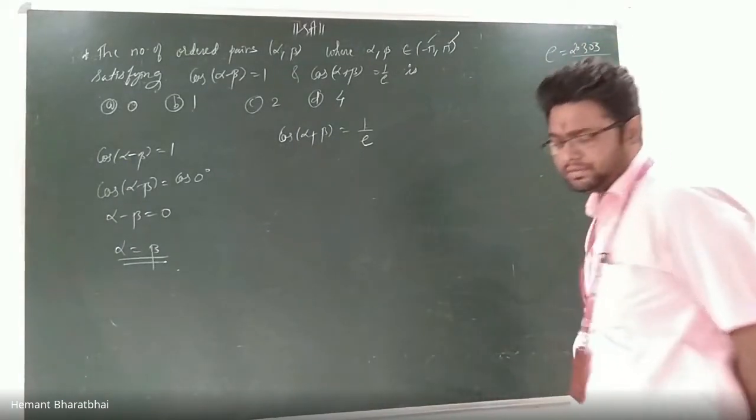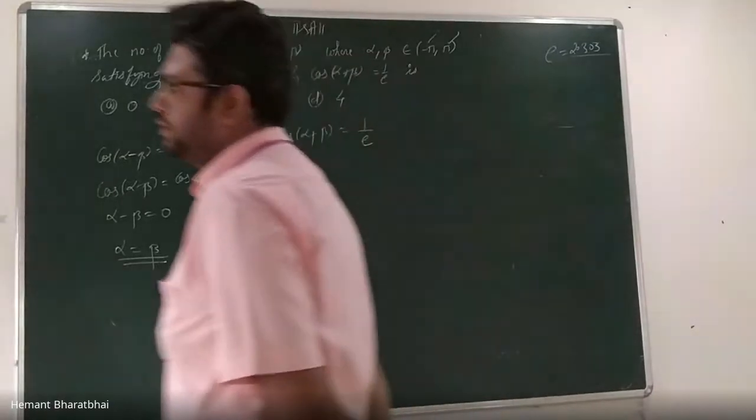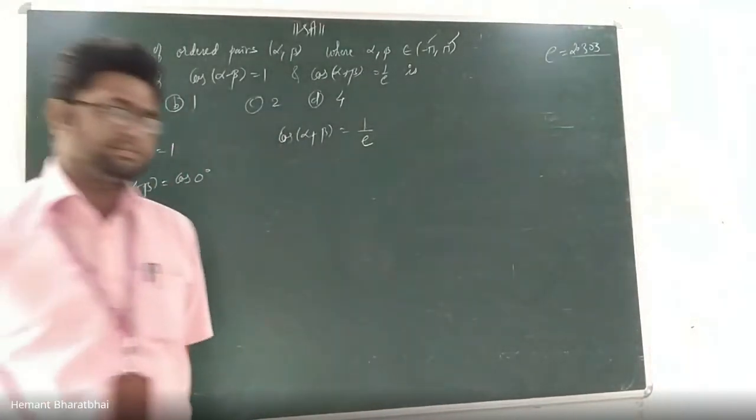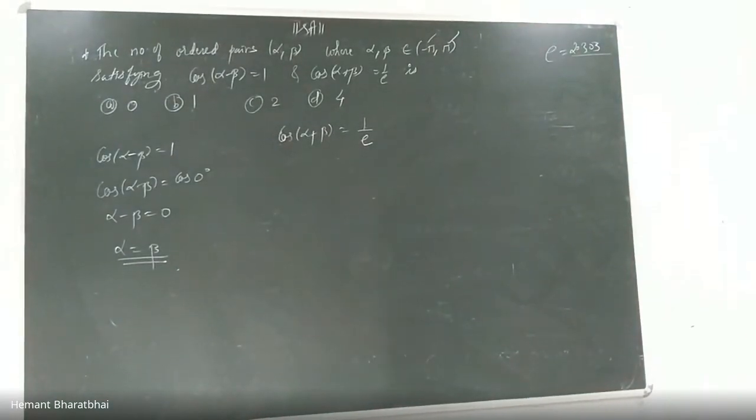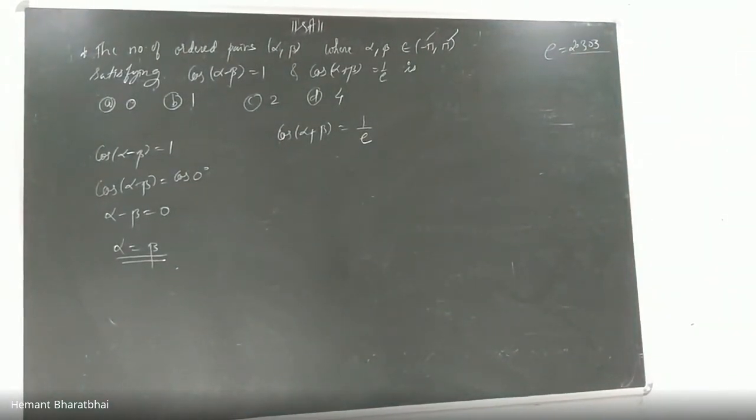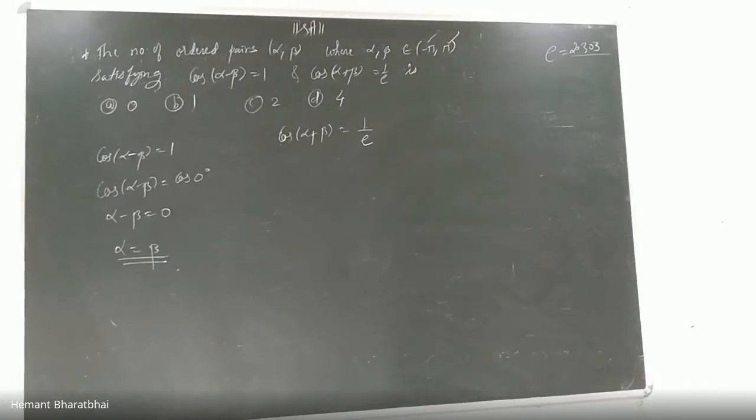Okay, e is also a constant. If you must have gone through logarithms, then log to the base e is called natural logarithm. Okay, that is called natural logarithm.